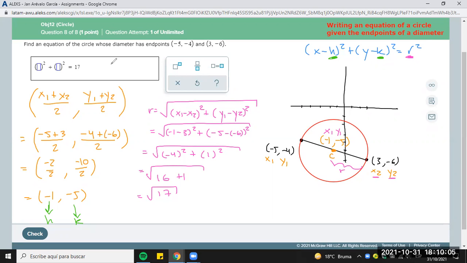But if you square that, the square root of 17 squared will cancel both the square root and the square, so it is just 17 in the equation. And in here we have x minus minus 1, which is plus 1. And then y minus minus 5 is plus 5. We ought to check this.